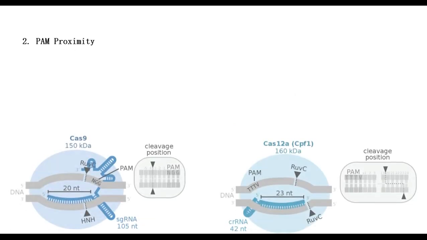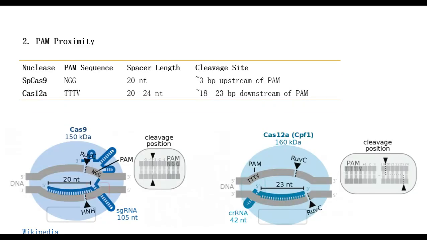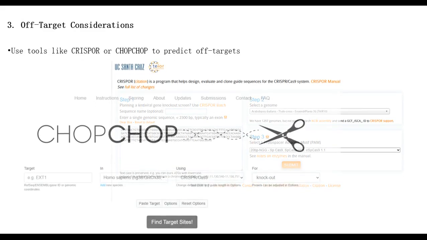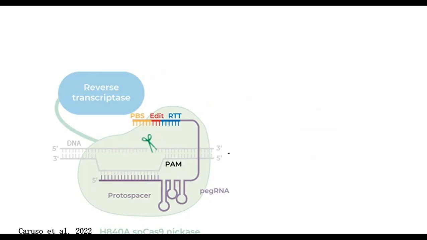Second, PAM proximity. The spacer must be located near a PAM sequence that matches the requirements of the chosen nuclease, such as NGG for SpCas9 or TTTV for Cas12a. Third, off-target considerations. Use prediction tools like CRISPOR or CHOPCHOP to identify potential off-target effects.